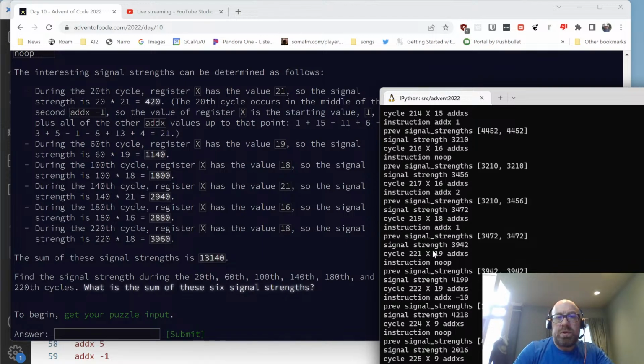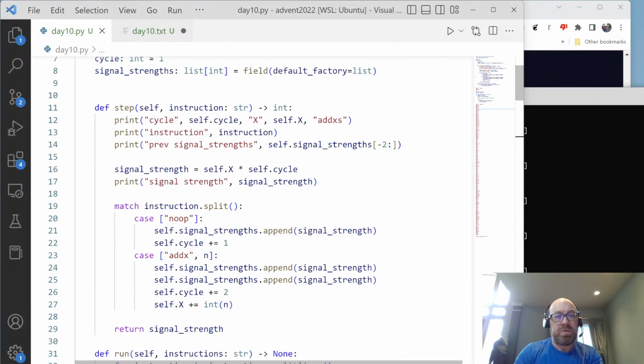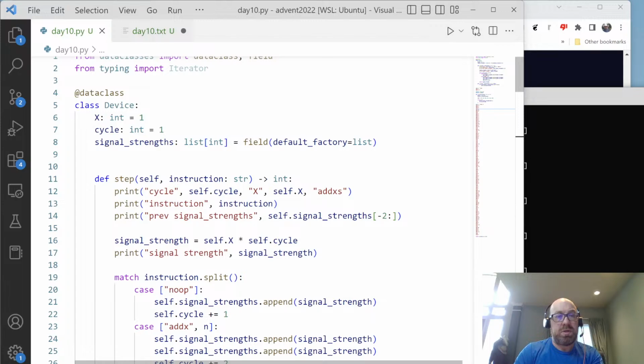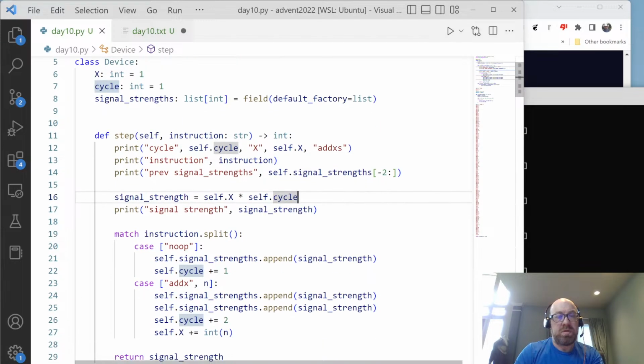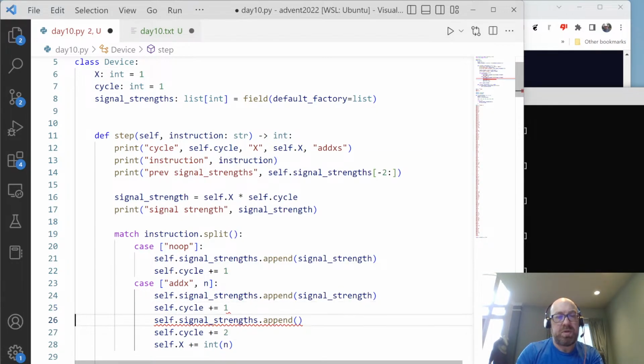During the 220th cycle, register X has the value 18, which it should. Oh, okay, I see. I did something really stupid, which is this should be self.cycle plus equals 1.